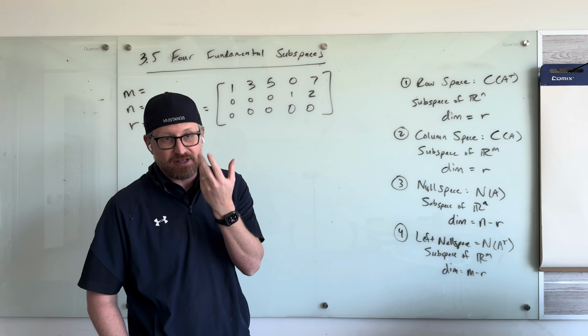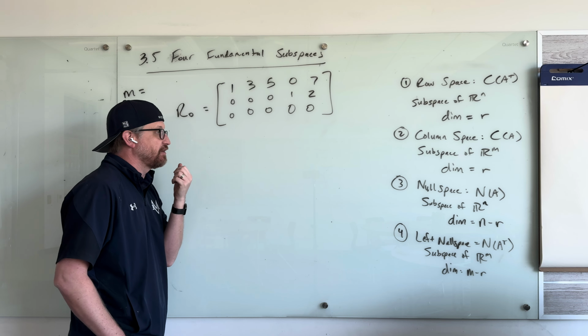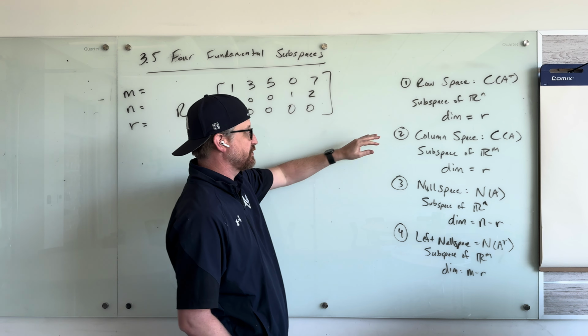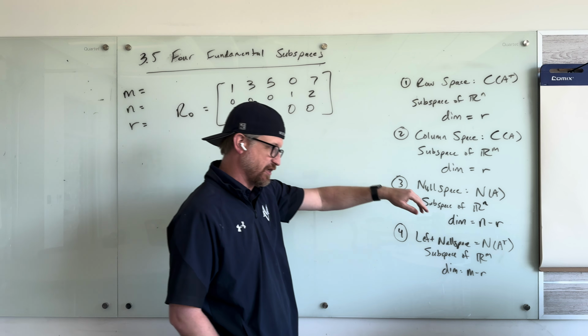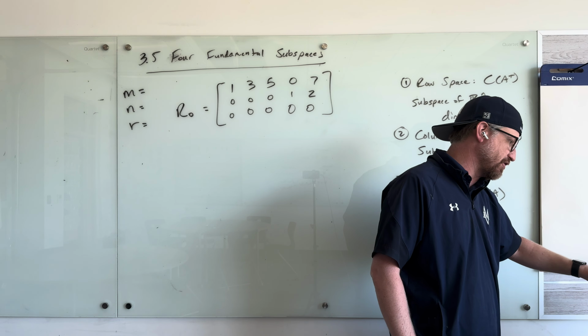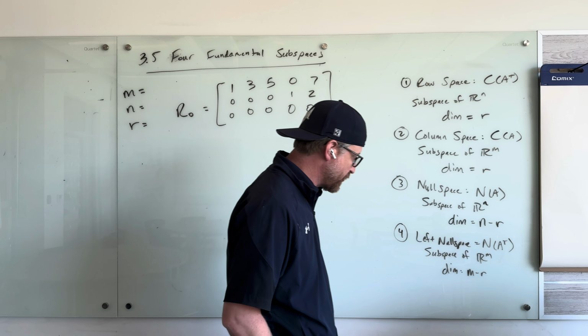So in this video, we're focusing on the 4 fundamental subspaces, which you'll see here. This is listed in the text. He actually writes this out, I think, very cleanly on page 129.